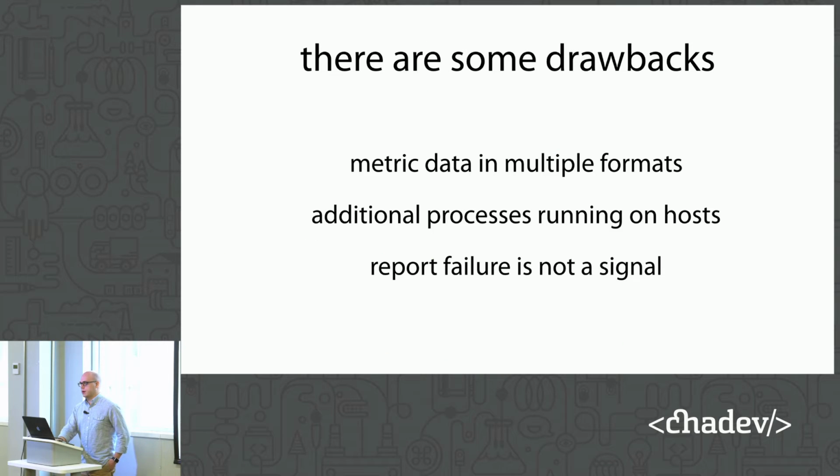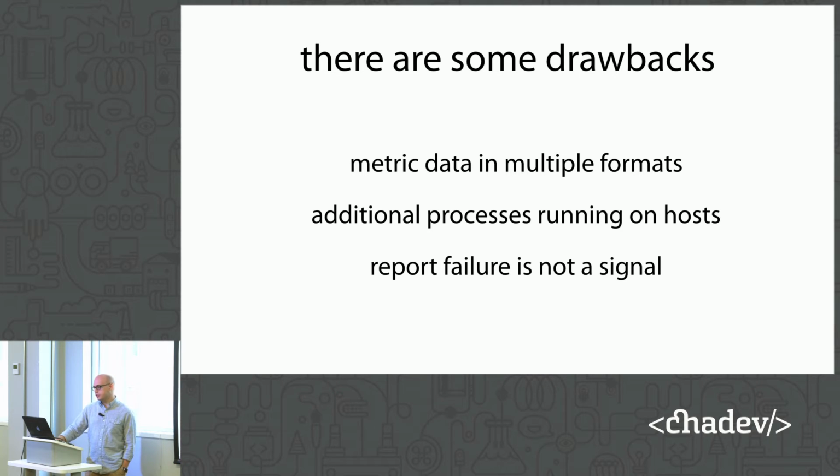There are a few drawbacks to this. This is not totally knocking on them, but there are a few drawbacks. Metric data can be in any format. It takes additional processing for your host to run an additional agent. And then report failure is not a signal.